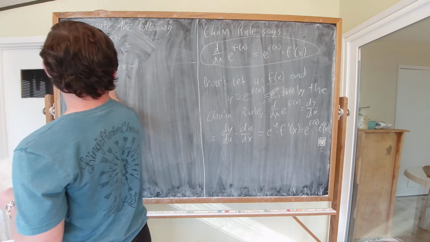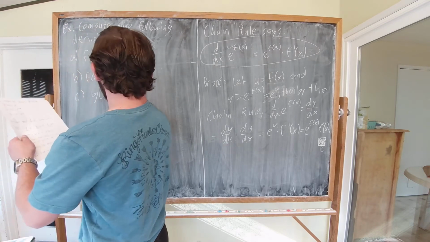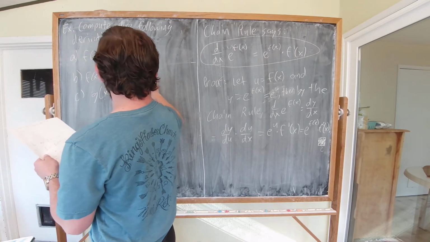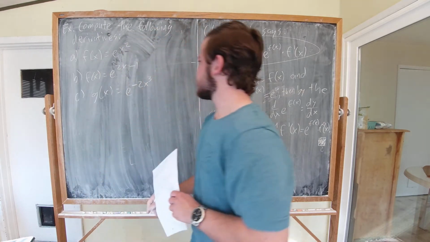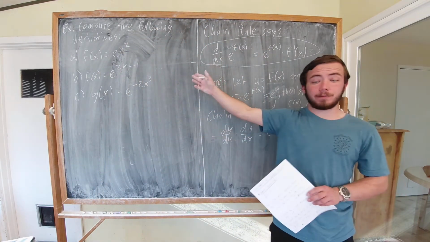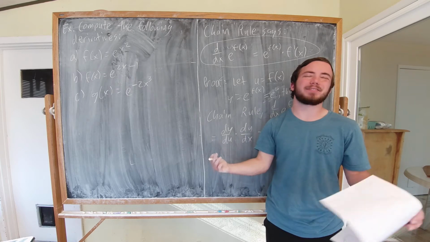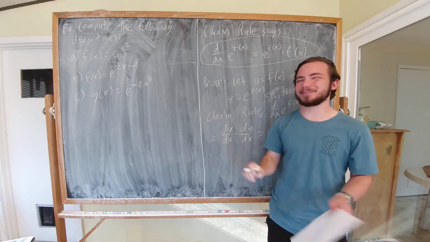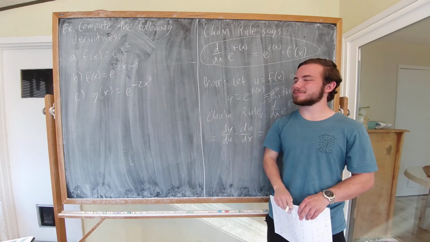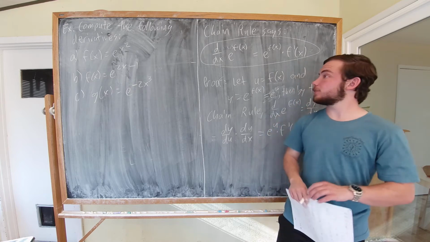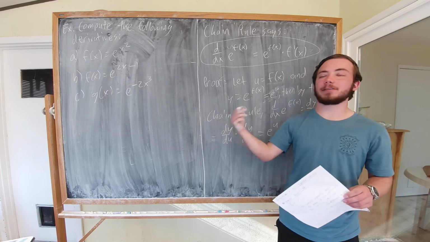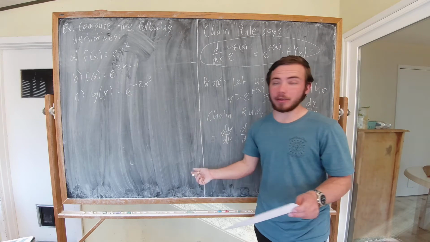And finally, let's say g of x is equal to e to the negative 2x cubed. So you should try these on your own first, so pause the video, try them, come back. Alright, hopefully you have some trial solutions for these, and let's do them together.